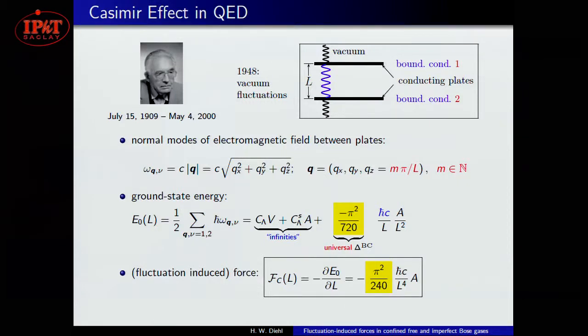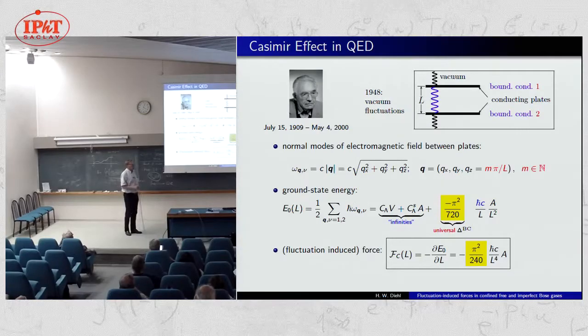Now, if a medium is confined by boundaries or walls, or by macroscopic objects immersed into the medium, then fluctuations induce effective forces between the objects. The most famous case is that of the Casimir effect, where one considers the effect of two metallic grounded plates on the electromagnetic field.